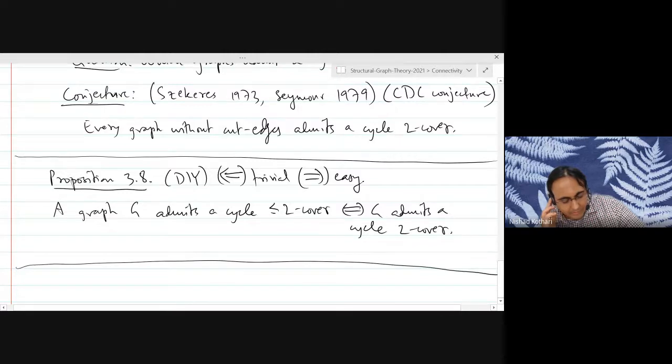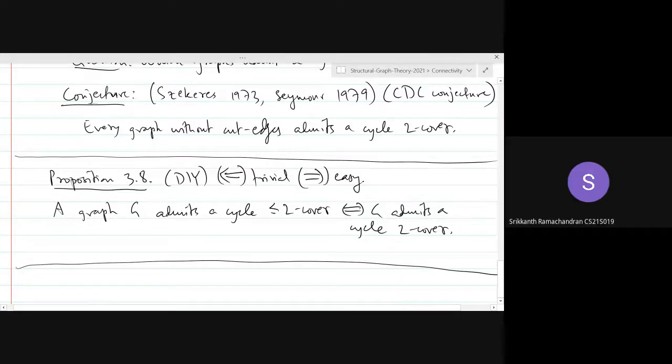Right? But if you are considering specifically the case of cycle 2 covers, then this proposition is telling you that at most 2 cover or 2 cover, they are interchangeable. So if one is true, the other is true. But in general, that's not the case. Does that make sense?